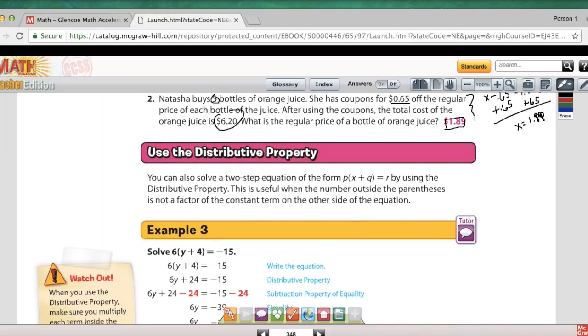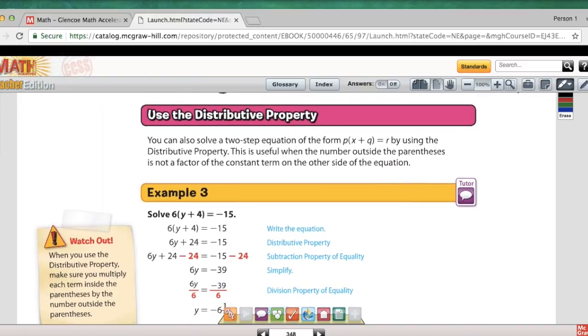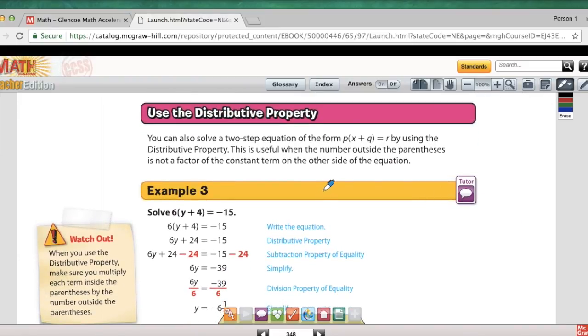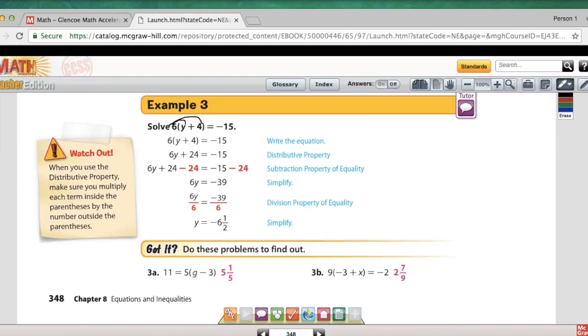And looks like they did decide to show you that other strategy of solving equations in the form of p parentheses x plus q equals r by using what I showed you, which is the distributive property. So same types of problems, just different strategies.